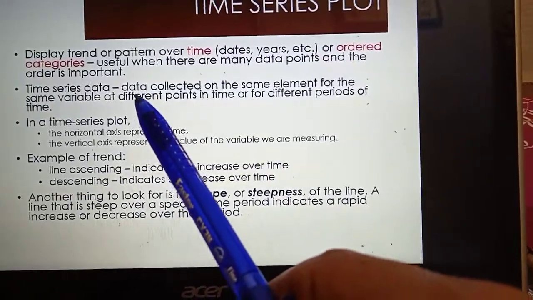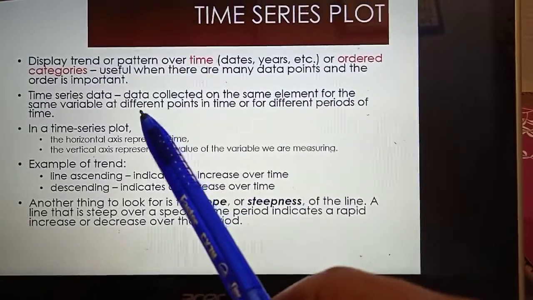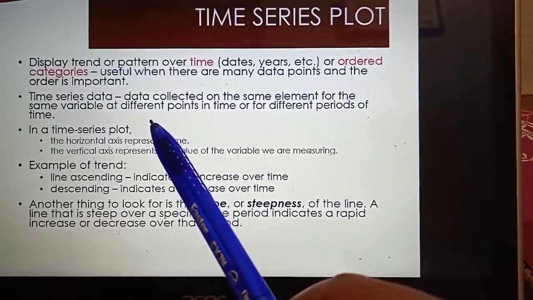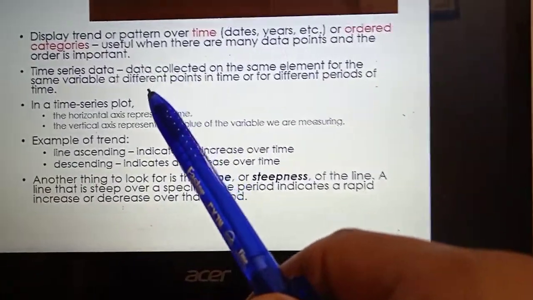So the type of data is the same, which is customers arriving at the cafe, but with different times of observation. At 5, at 8, at 9 and so on, which is time based.